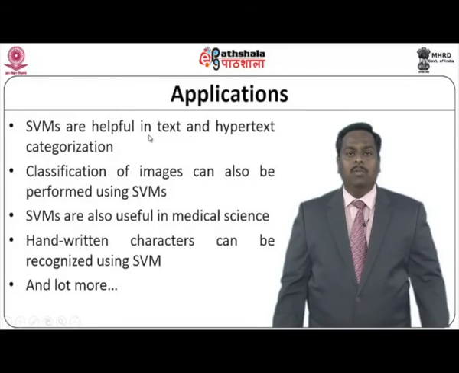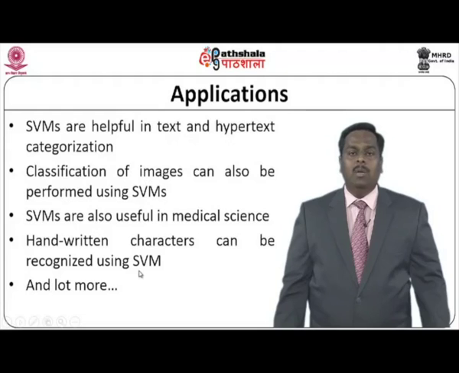So, SVM works out fine for text data. Then for classification of images, then in medical domain SVMs are widely applied, and also with respect to handwritten characters, recognizing handwritten characters and predicting what character or word it may be is perfectly done by means of SVM. These are all few of the applications to be mentioned here, but there are lot more.